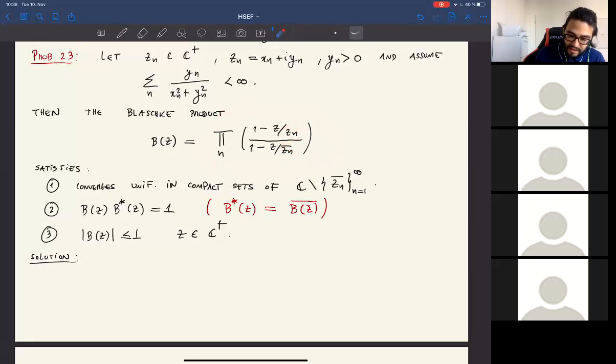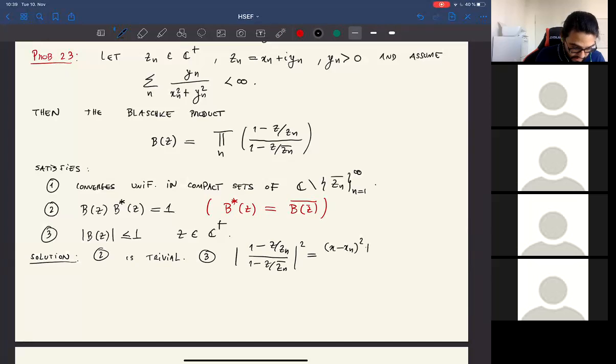But that would be exactly just 1 over B. So then B star would be exactly 1 over B, which is exactly 2. Okay, so that is just an observation. So 2 is trivial. Now 3 is just a calculation, really. If you just take one term, let's say compute the norm squared, let's just compute it explicitly.